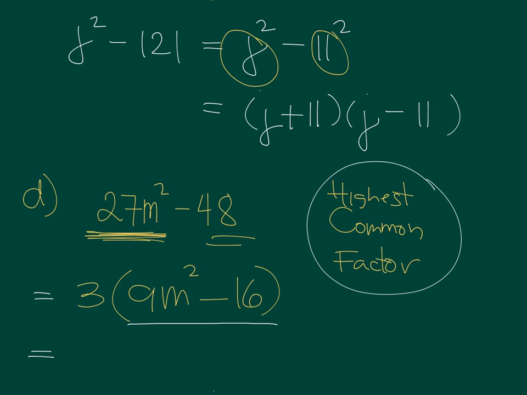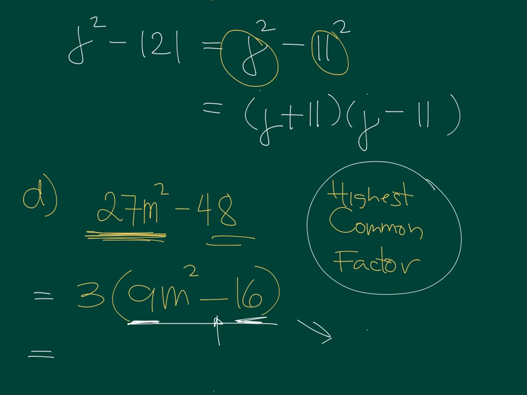Unlike the previous first two items, where once you factor out the common factor you can't do anything about the remaining expression, here, if you look at 9m squared minus 16, it seems like a special expression because 9 is a perfect square, 16 is also a perfect square, and the operation involved is subtraction.